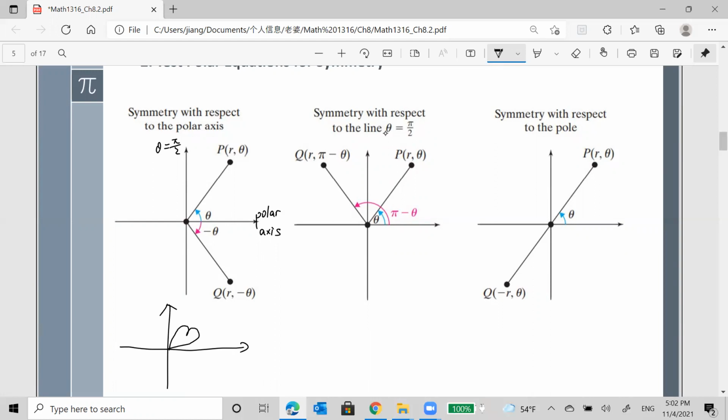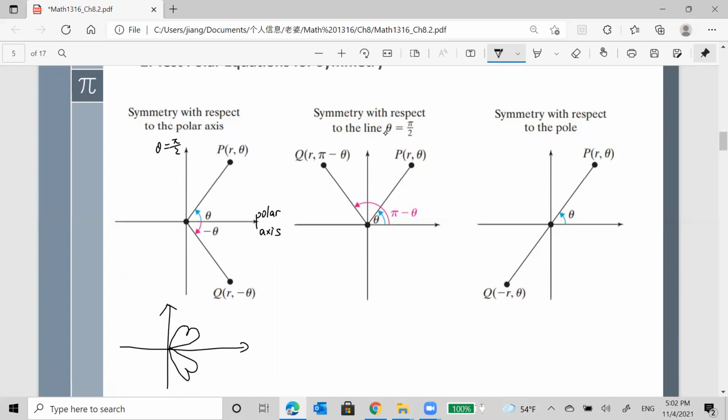So it's symmetric to this, that means it's like this. It should be like a heart, like this. So it's symmetric to the polar axis.